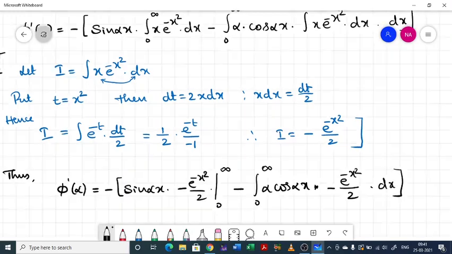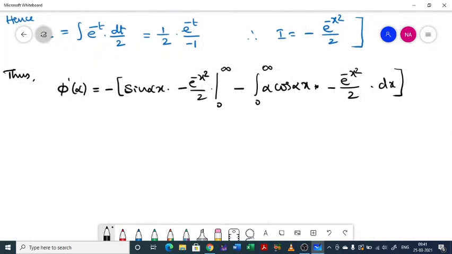Let's come to this. Here phi dash of alpha equal to minus, let us keep the sign outside only. Applying the upper limit, e power minus infinity you get 0, so 0 into some finite number, again you get 0. Applying the lower limit, sin 0 is 0, 0 into e power 0 is 1, so again you get 0. So the first term vanishes on applying upper and lower limits.